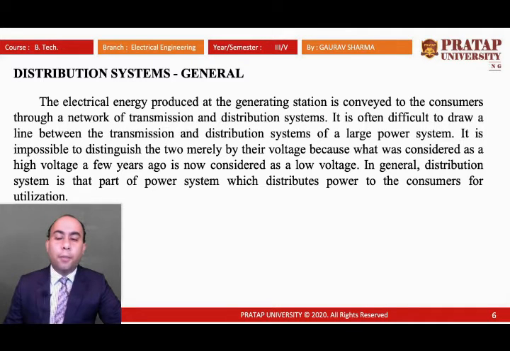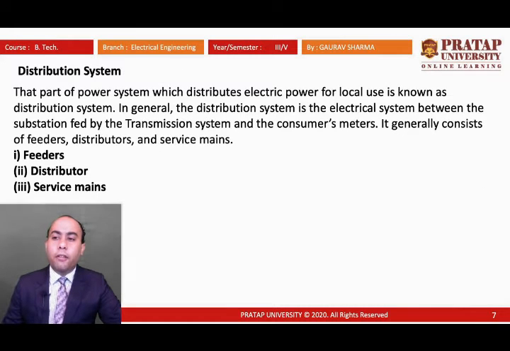It is impossible to distinguish the two merely by their voltage level, because what was considered a high voltage a few years ago is now considered a low voltage. In general, distribution system is that part of power system which distributes power to the consumer for utilization. Now, for the distribution system, we are categorizing it into three categories.